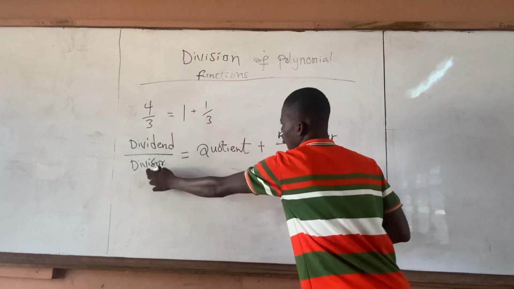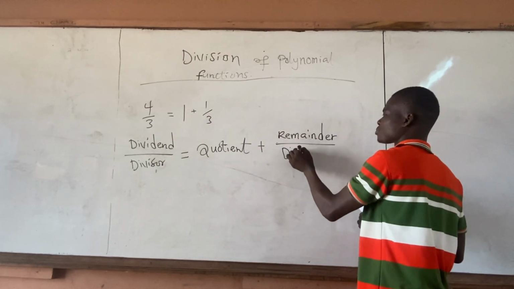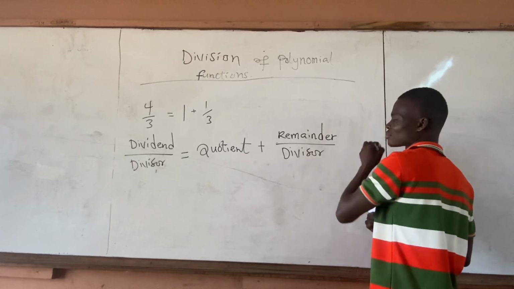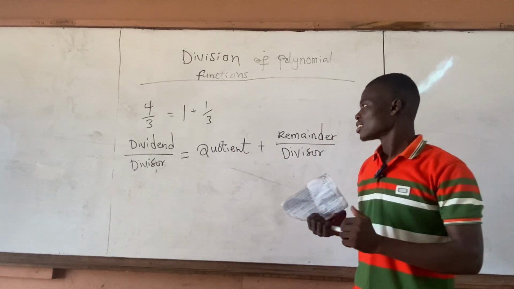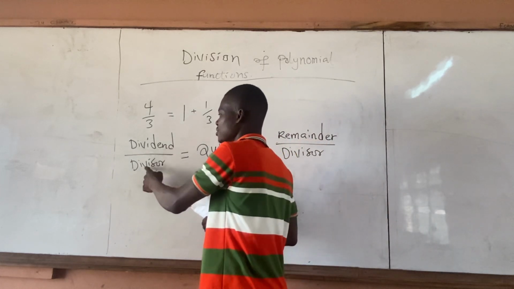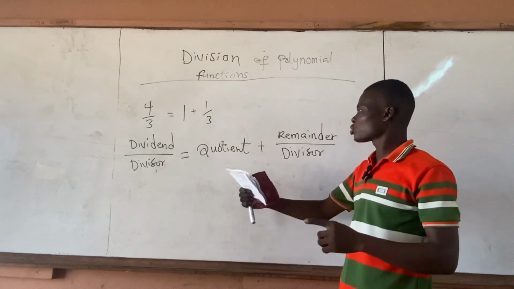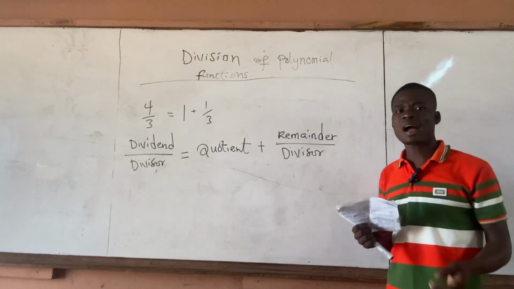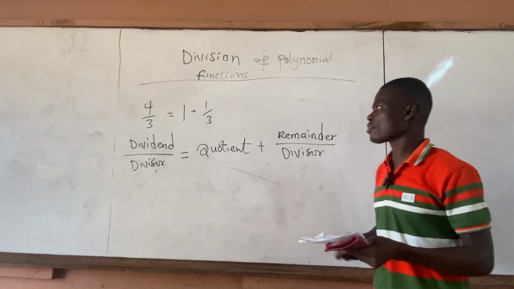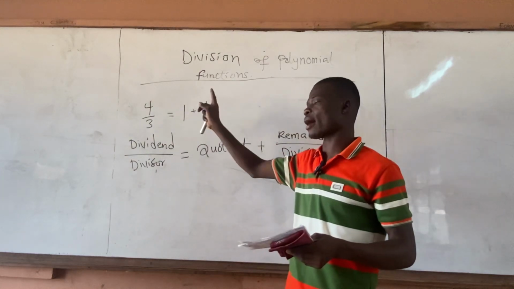And the 3 here is the same divisor. So this is how it is: dividend over divisor is equal to quotient plus remainder over divisor. That's why we have 4 over 3 is equal to 1 whole number, 1 over 3.